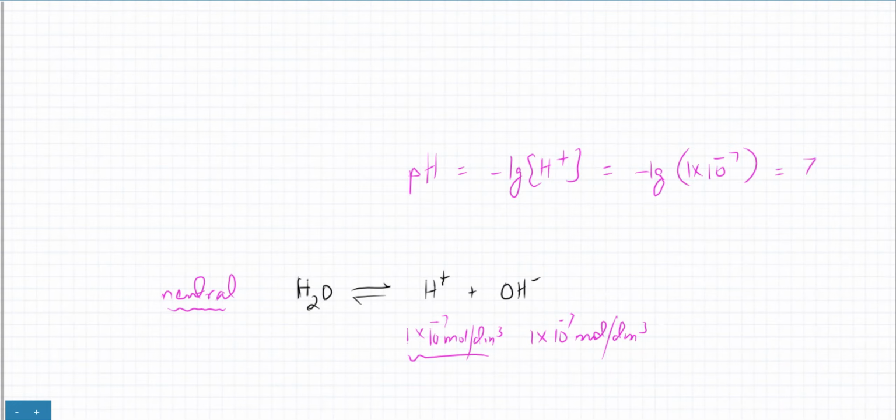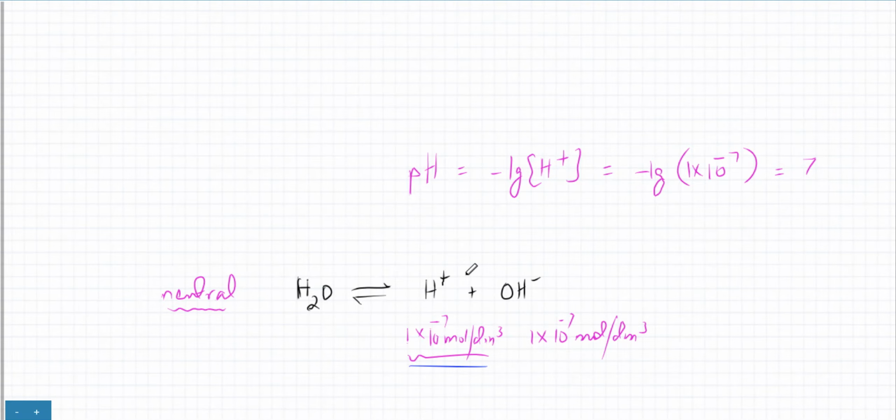Now the first thing is, why do you even take the log? Why don't we just talk about 1 times 10 power minus 7? Why do we need to take log? The thing is, log is a method to simplify things, and it helps to make graphs. You make very good graphs if you take log, because plotting 1 times 10 power minus 7 on a piece of graph paper is impossible. pH is one of the most important things, because water is everywhere.